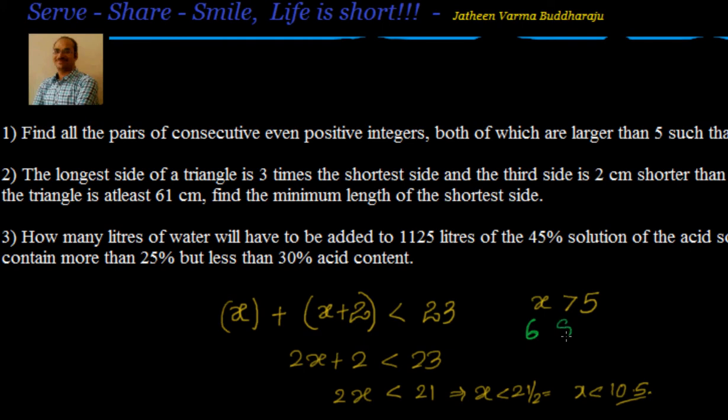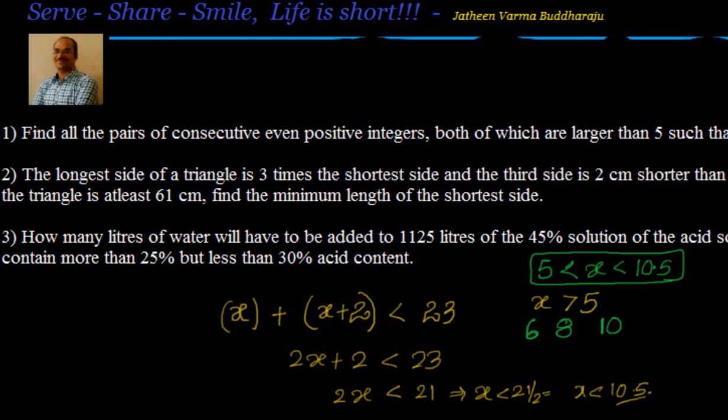After that the next even integer is 8, and the next even integer is 10. 12 will not fit in because x should be greater than 5 and less than 10.5. In this range you have to find all your consecutive even positive integers.